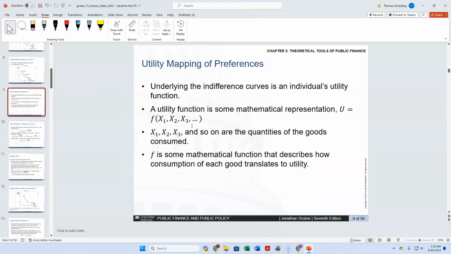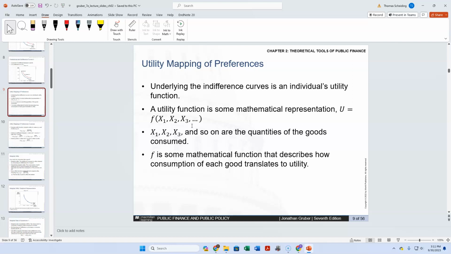And that, if you remember back from your intermediate micro course, that we determine the shape of every one of these indifference curves based on the utility function that underlies it. You're not going to be responsible for doing that math here.